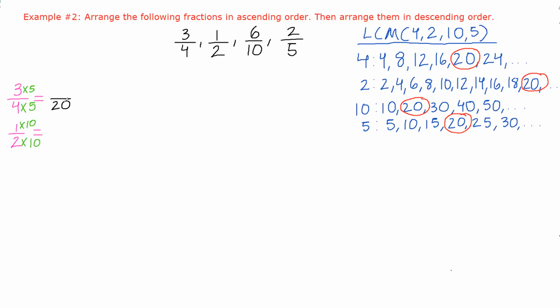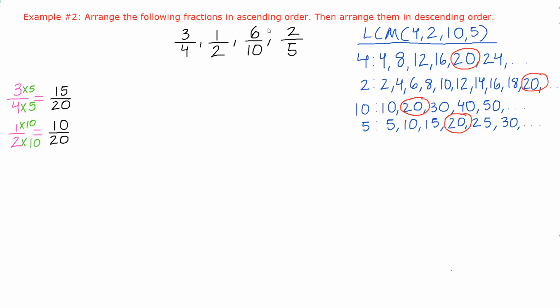And Reagan, how about a half? 2 times 10 is 20. And 10 times 1 is 10. Good. So we have 3 over 4, its equivalent fraction is 15 over 20. And we have a half, its equivalent fraction is 10 over 20.